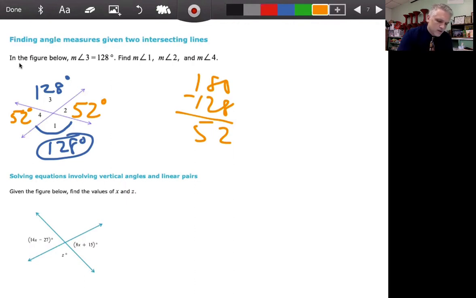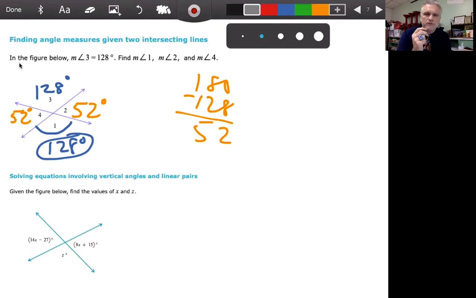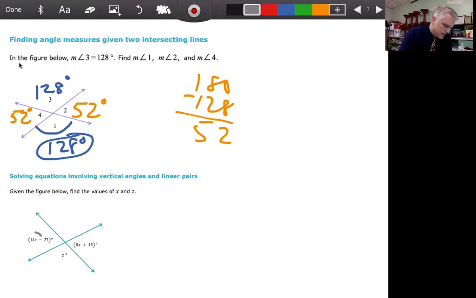Okay. The last question, again, you're looking at those two facts. Linear pairs add up to 180. Vertical angles are congruent. So now you have some algebra. I've got an x here, an x here, and a z here. My piece of advice to you is take the two angles that have the same variable and make an equation to solve for that variable. So here you have two x's.